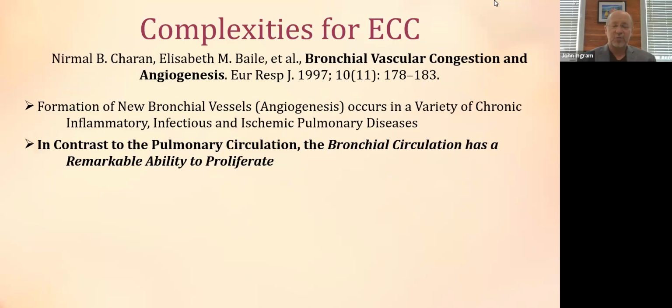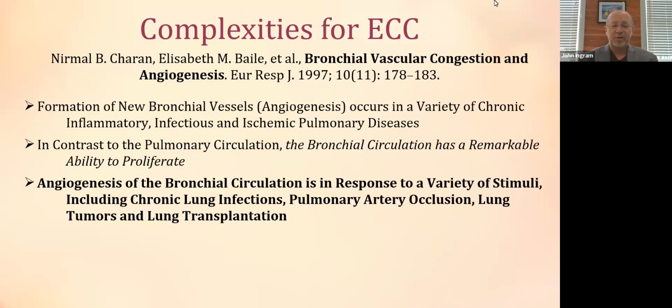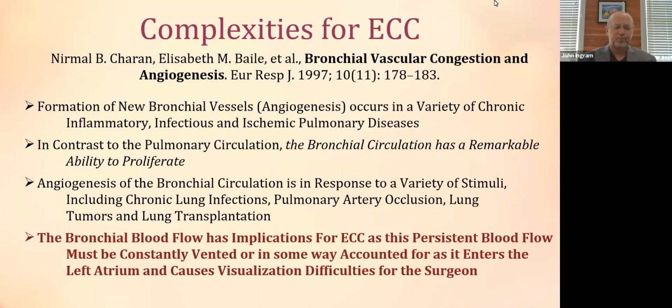This is in contrast to the pulmonary circulation, which generally is not predisposed to angiogenesis at all, but the bronchial circulation has a remarkable ability to proliferate. Angiogenesis in the bronchial circulation is in response to lung infections, any type of ischemia or artery occlusion, lung tumors, and lung transplantation.